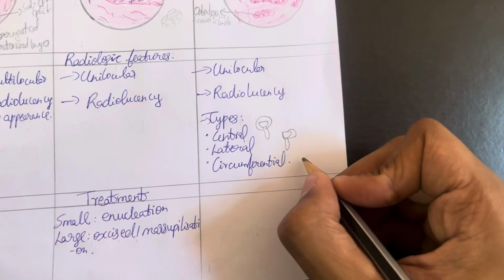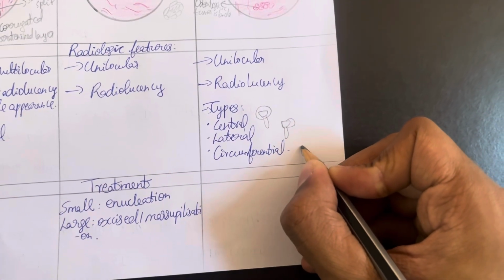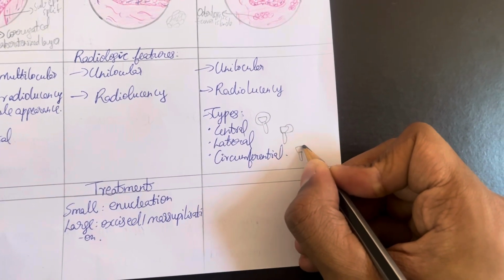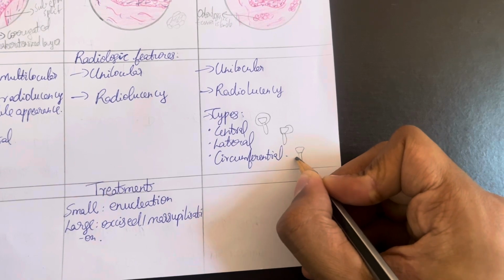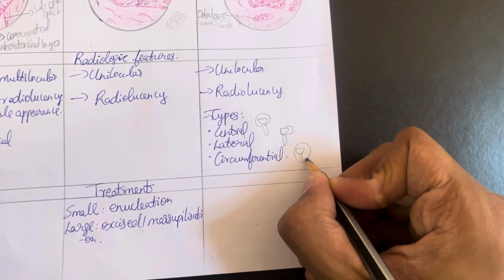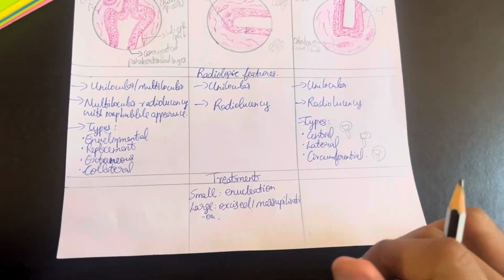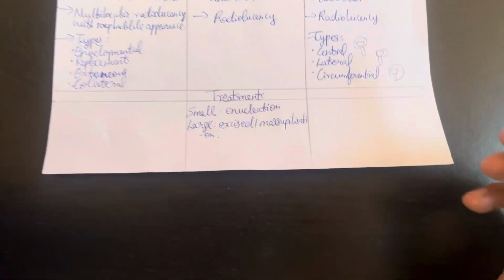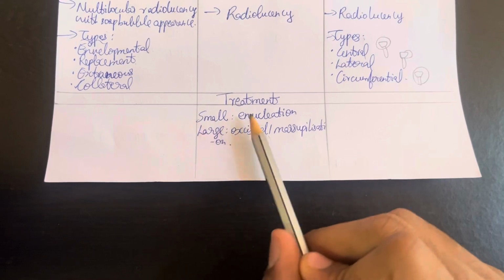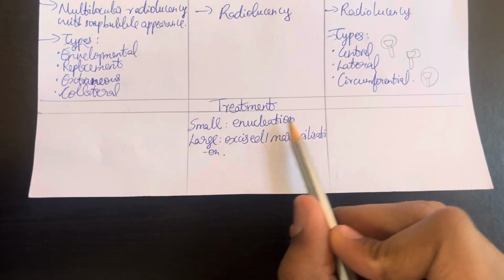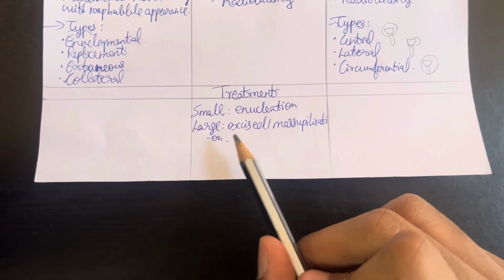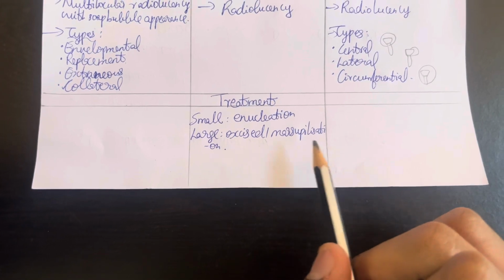And the circumferential type covers the whole tooth like this. These are the three types in dentigerous cyst. And the treatment for all the three is, if it is a small cyst, enucleation, and if it is large, it is excised or marsupialization is done.